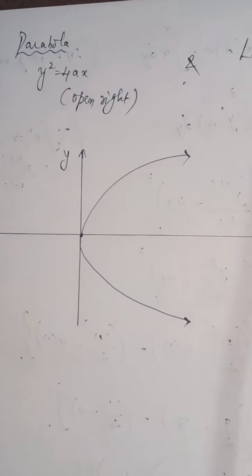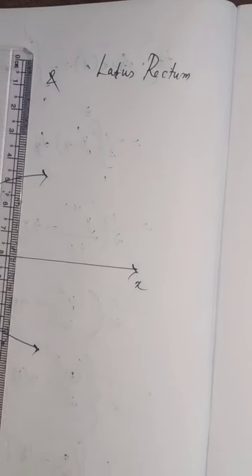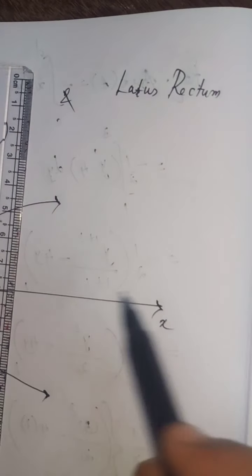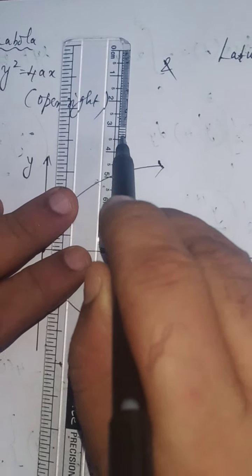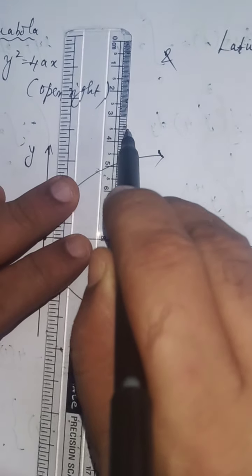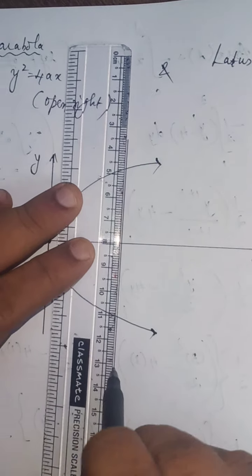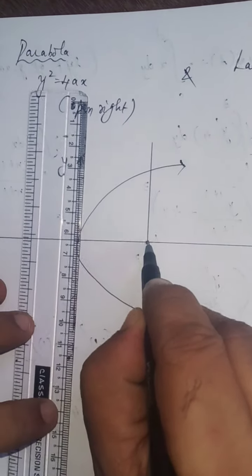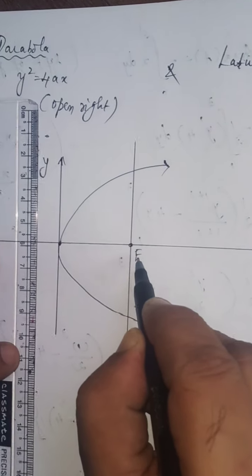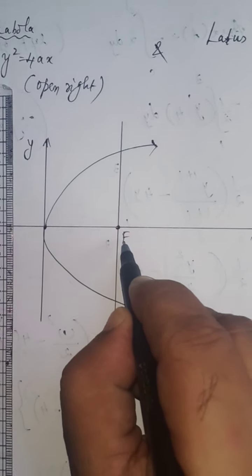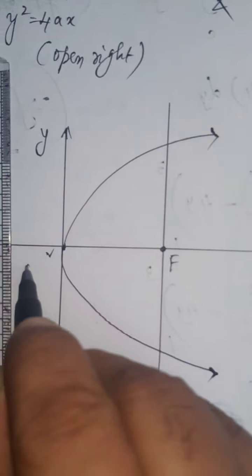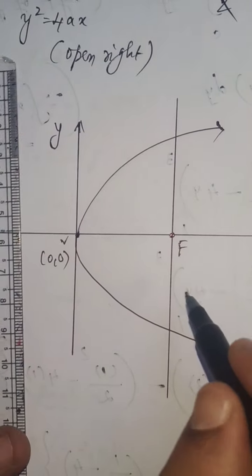So what do you mean by latus rectum? A straight line which is passing through the focus and perpendicular to the axis of the parabola. See, I consider the focus point. F represents focus. This is the vertex 0, 0.